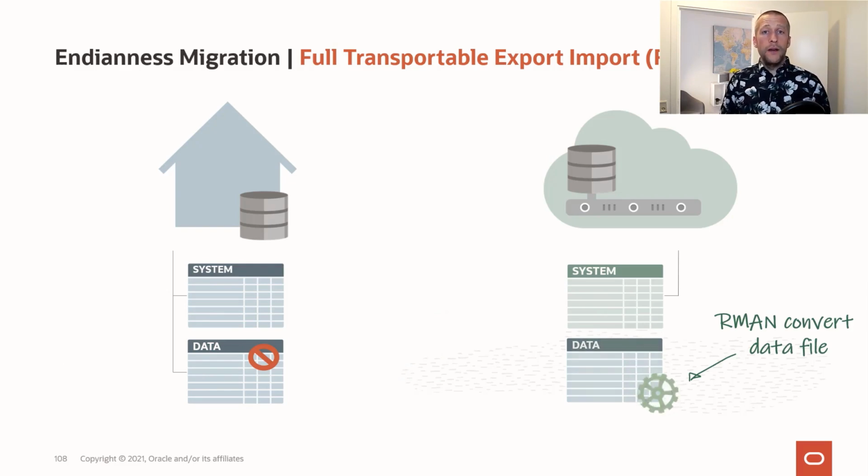But please be aware that the conversion happens while RMAN copies the file to a new location. So if you have a 5 terabyte data file, you need an additional 5 terabyte to hold a copy of the data file that you can eventually use in your target database. This is one of the downsides of using this approach. You need double the amount of disk space.